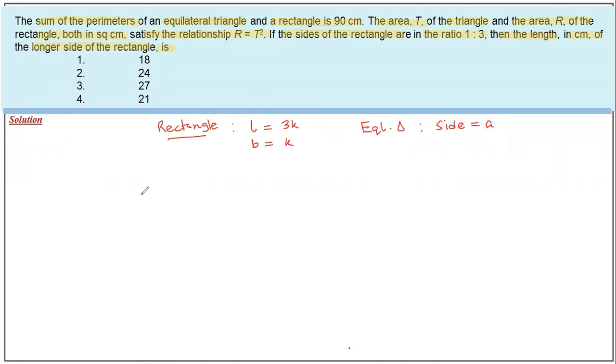Now it is given that area of the rectangle, that will be 3k square, is equal to root 3 by 4 a square whole square, or 3k square is equal to 3 by 16 a to the power 4, or k we get as a square by 4.